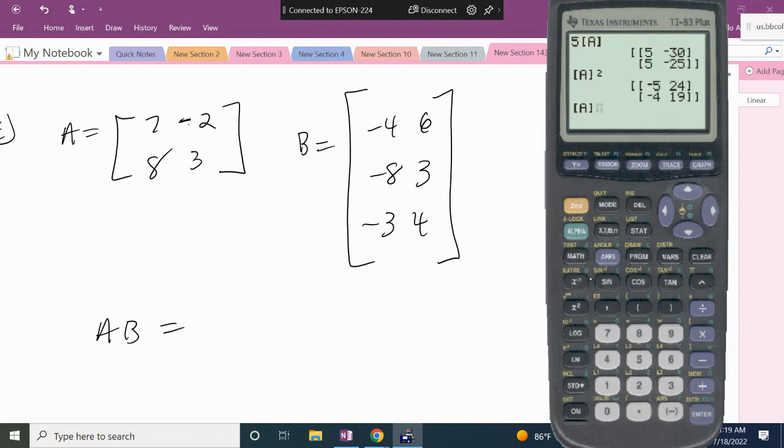Right, so I'm going to recall matrix A. I'm going to recall matrix B. Now, I'm not necessarily putting the times because the calculator understands that that's a multiplication, although you could put the multiplication symbol in there. But the multiplication is not necessary.